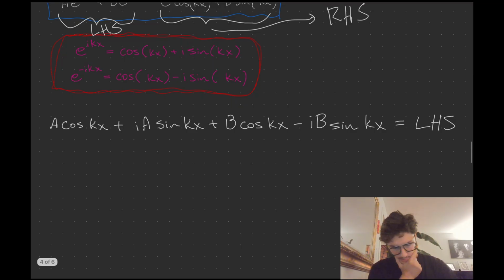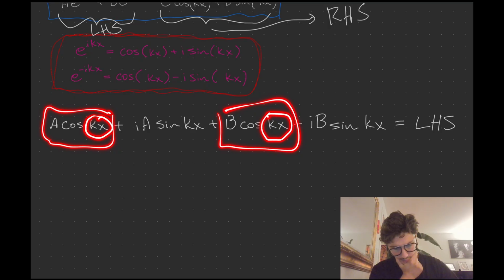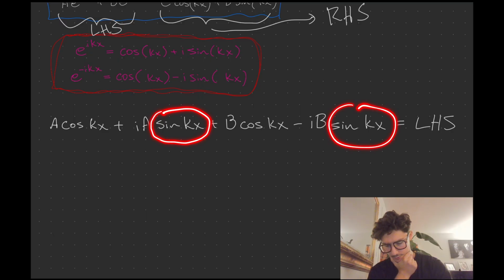All right. Now I can see there is a cosine over here and another cosine, and the cosines are the same because the arguments are the same. The only thing is the factor out front, but I can combine these cosines, factor out the cosine, and then there's an a plus b there. I see the same thing with the sines. There's a sine over here and a sine over here. They're the same sine because the arguments are the same.